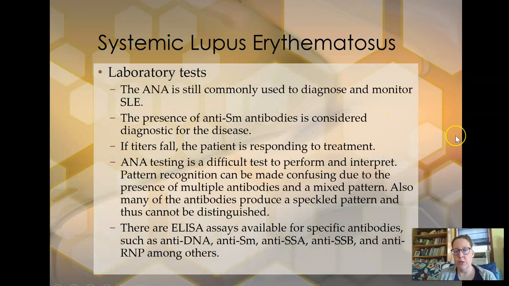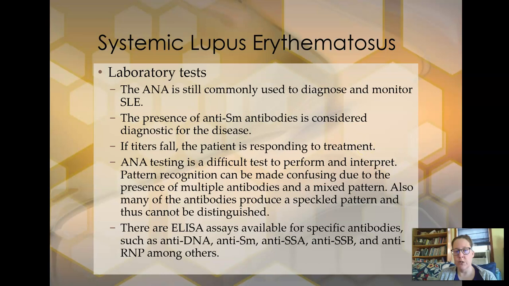The lab tests for lupus include the ANA test, which is the anti-nuclear antibody test, and it's still very commonly used to diagnose and monitor lupus. The presence of anti-Sm antibodies is considered diagnostic for the disease. If the titers fall, the patient is responding to the treatment, so it's a way to monitor treatments. ANA testing is difficult to perform and interpret.